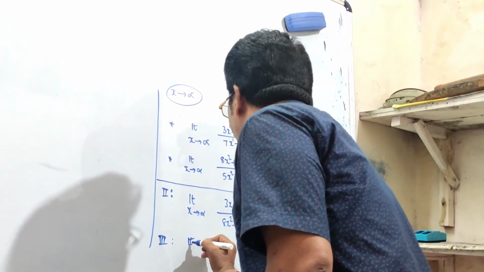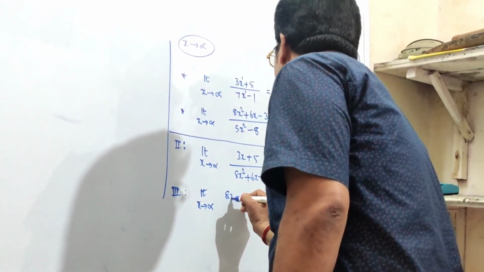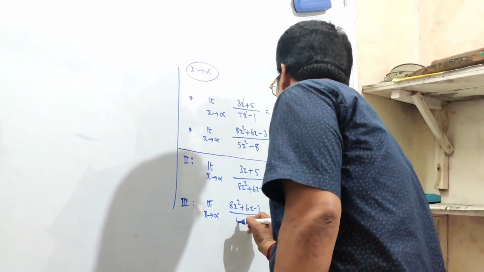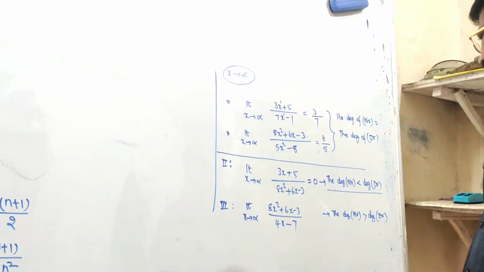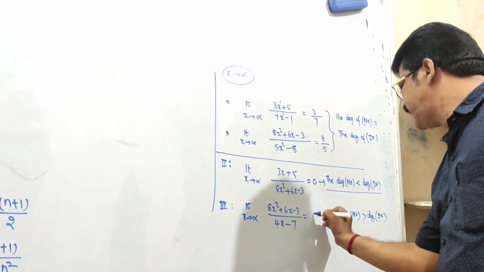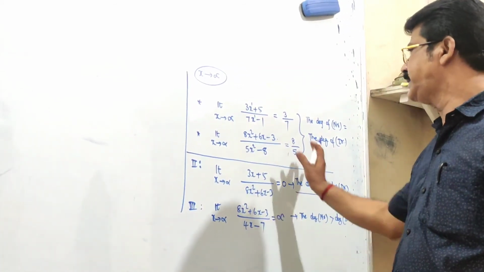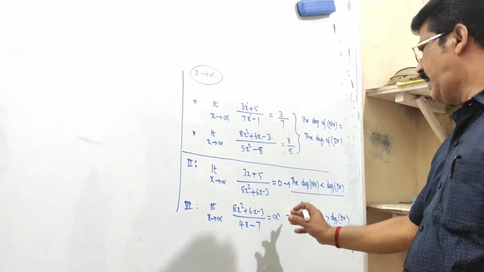Limit x tends to infinity, 8x square plus 6x minus 3 divided by 4x minus 7. Just like that. Here, degree of numerator is greater than degree of denominator. In such case, just bluntly say infinity. So therefore, 3 cases. Just taking the quotients and 0 and infinity.